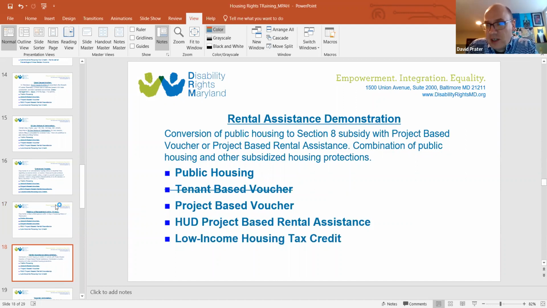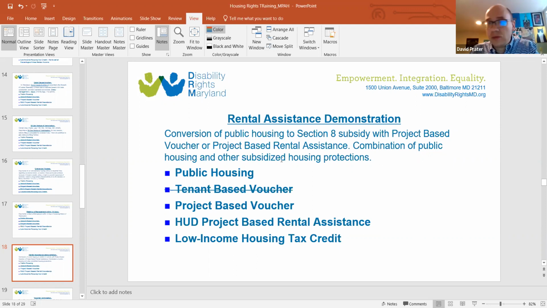It is worth discussing a federal program called the Rental Assistance Demonstration Program. This program basically converts public housing to a Section 8 subsidy with project-based vouchers or project-based rental assistance. And residents of what we call RAD, or Rental Assistance Demonstration, they have a combination of public housing and other subsidized housing protections.